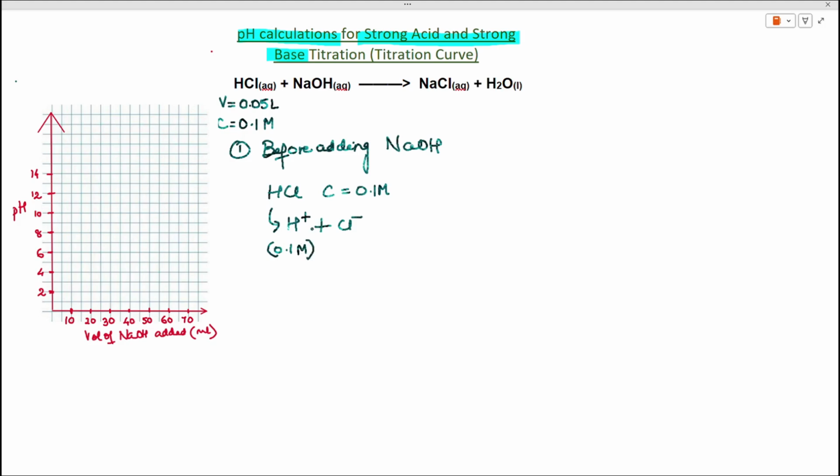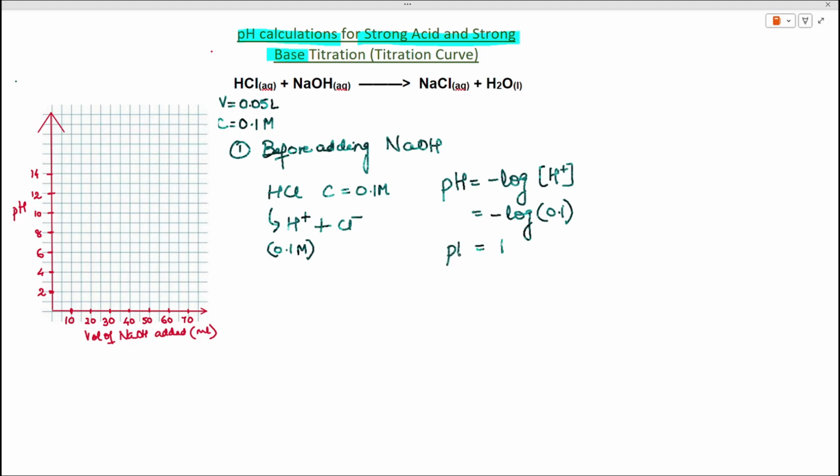And if we have the H positive ion concentration, then we can use it in the formula pH is equal to negative log of H positive or H3O positive ion concentration. Here it's convenient for us to take H positive. So this is equal to negative log of 0.1, and this value is equal to 1.